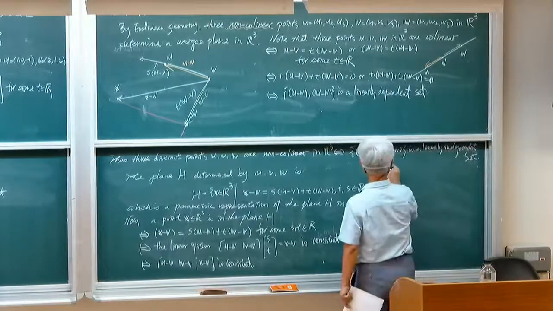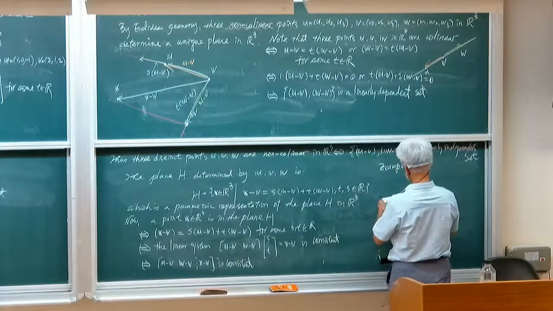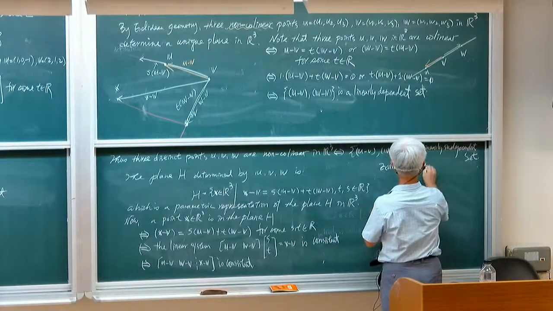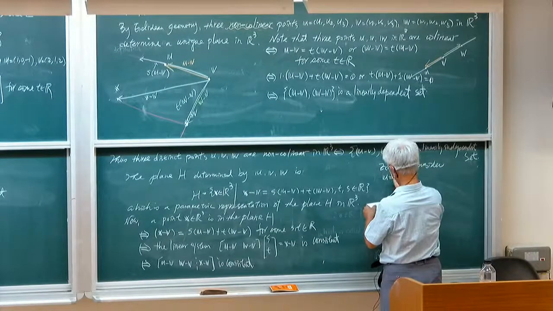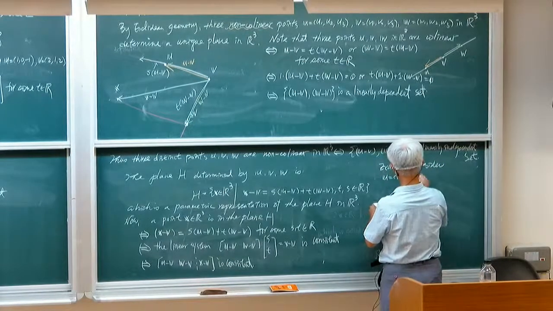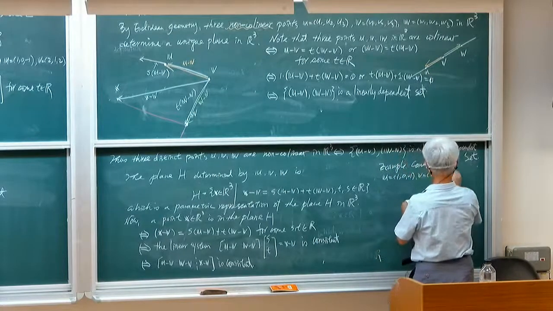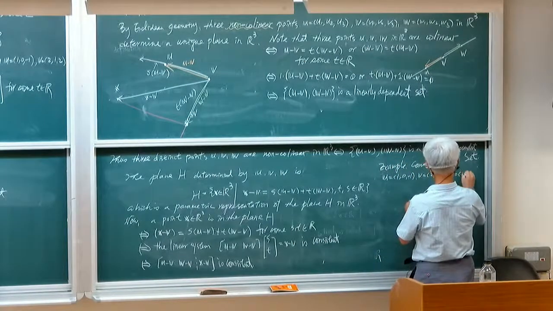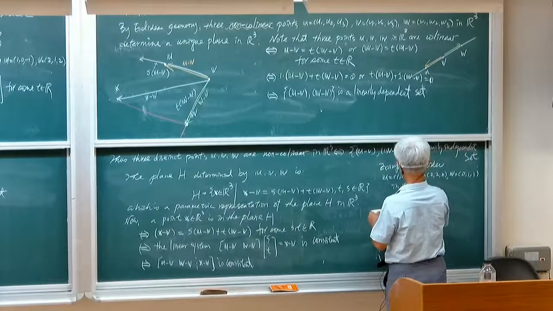Now take an example. Consider u is (1, 0, minus 1), v is (2, 2, 0), and w is (0, 1, 1) in R3.